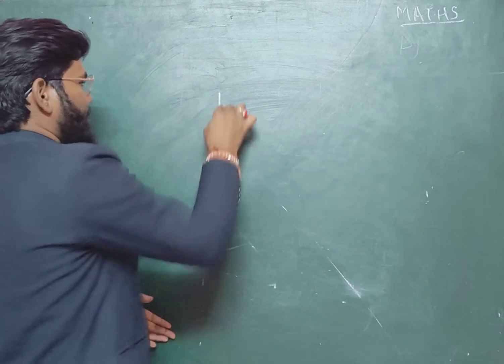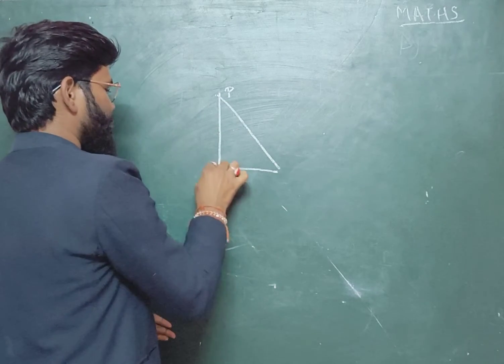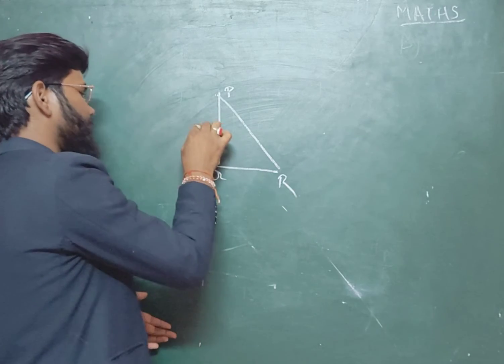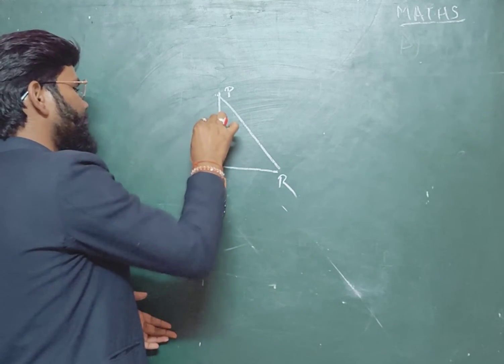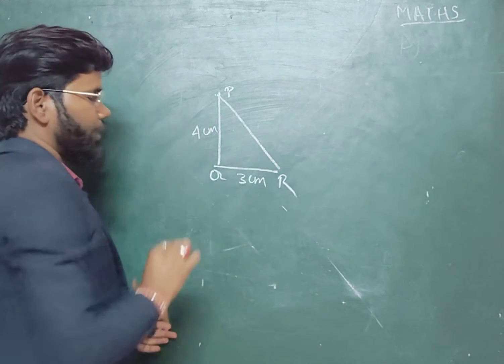Suppose that this is the right angle triangle PQR, and the value of PQ is 4 centimeter and the value of QR is 3 centimeter. Only two values are given.